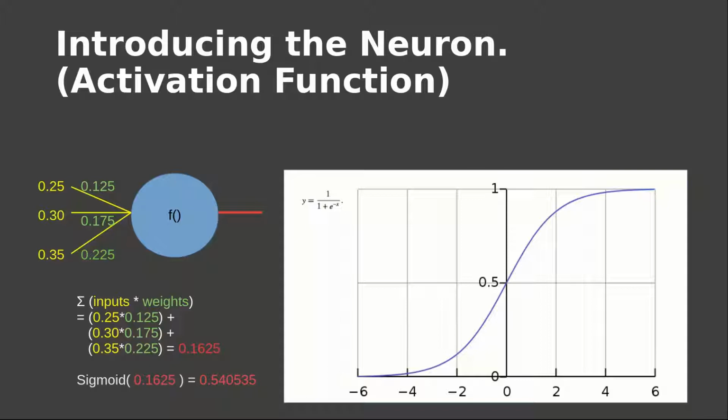We then pass that result through a function called the activation function. In this case, we're using the sigmoid activation function, and this serves a couple of different and quite distinct purposes. So the first purpose is to decrease the range of possible output values for the neuron to a predetermined space. In this case, the sigmoid function is reducing our neuron output to values in the range of 0 through 1.